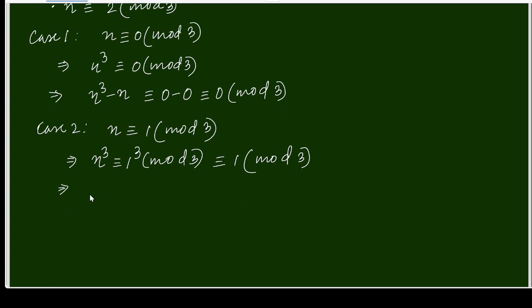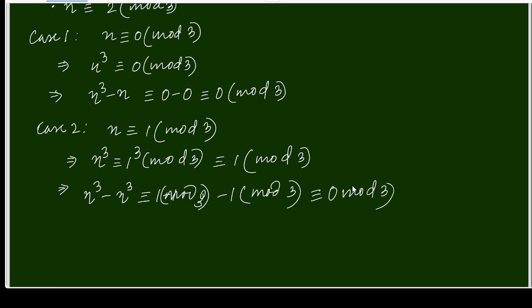That means n cube minus n is congruent to 1 minus 1, because the first one is 1 modulo 3 minus 1 modulo 3, which is congruent to 0 modulo 3. So n cube minus n is divisible by 3.